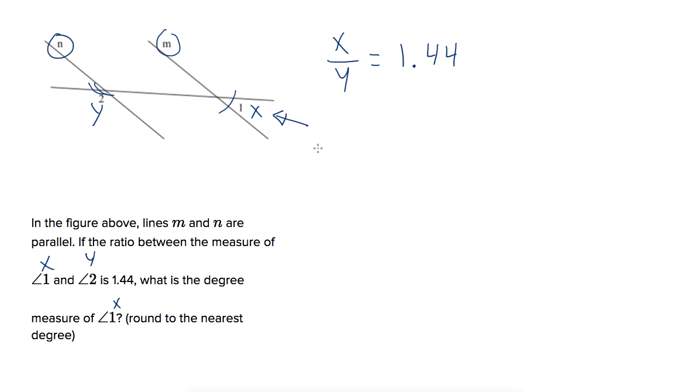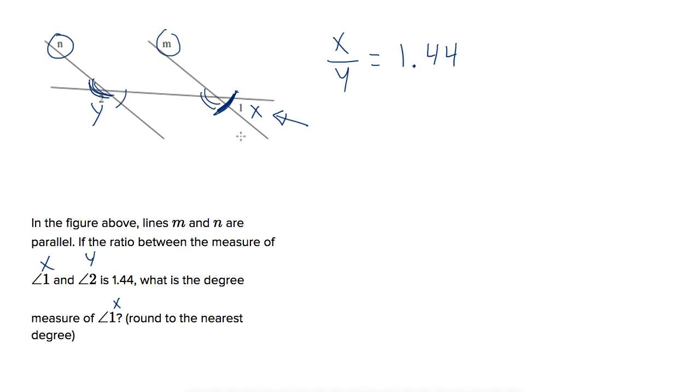Okay, so how are we going to figure that out? Well, we know that M and N are parallel. If these lines are parallel, that means we know some information about these angles. We know that this angle here is the same as this angle, and we know that this angle, angle 2, is the same as this angle.